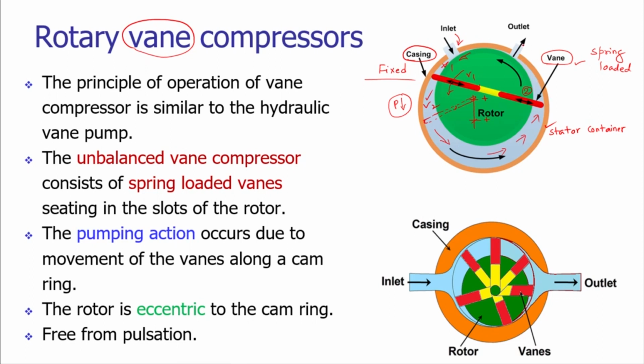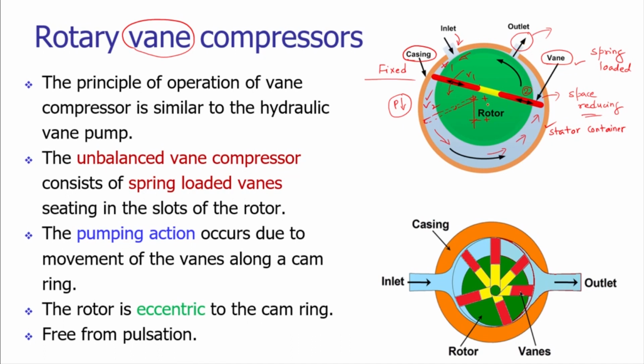As it is approaching the outlet wall, the volume or the space is getting reduced. Here you can see the space is getting reduced, and due to the reduction in the space there is increase in the pressure, and that pressurized gas will be taken out from the outlet wall or from the outlet port.